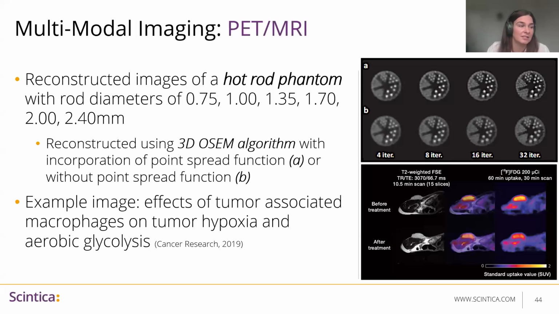So on the bottom, we can see our T2 weighted images show the visualization of a tumor in mouse. With the PET, we can see that there is difference in metabolism that we don't necessarily see with the anatomical change within MRI. So oftentimes this combination of information can help you understand functional changes before potentially anatomical changes that you would assess with MRI.